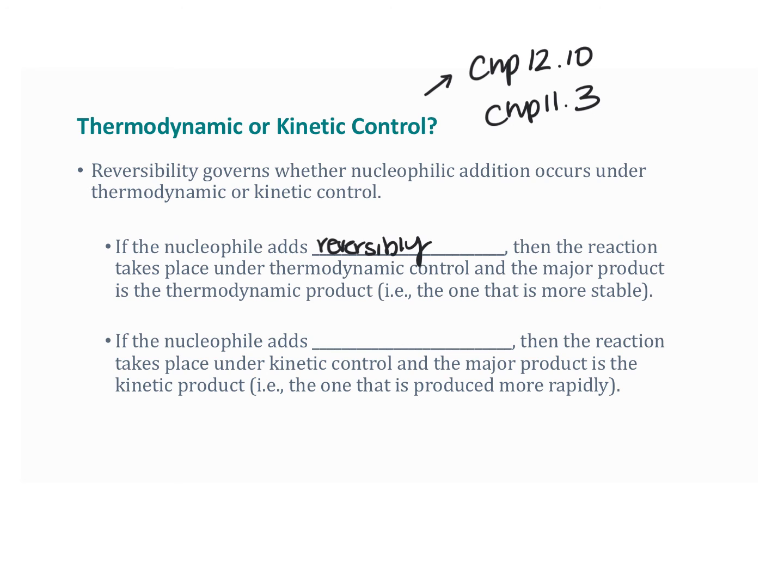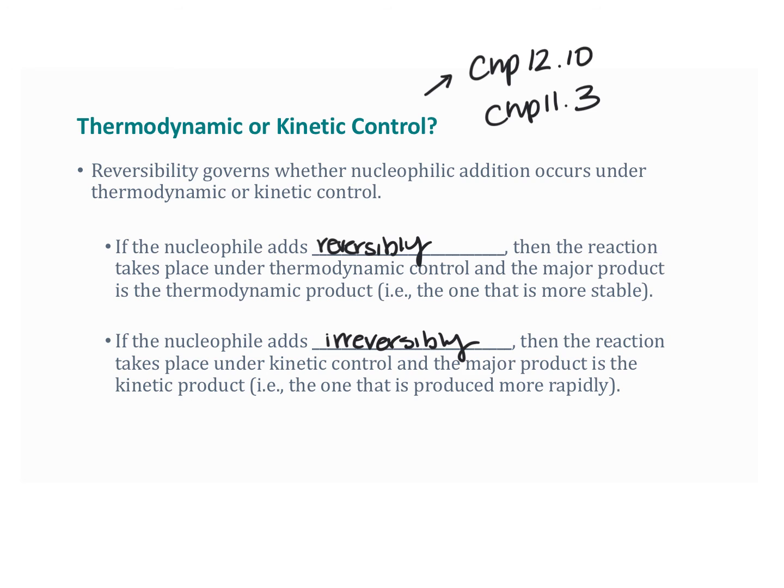And if the nucleophile adds irreversibly, then the reaction takes place under kinetic control, and the major product is the kinetic product. I just want to remind you that's the one that's produced more rapidly.